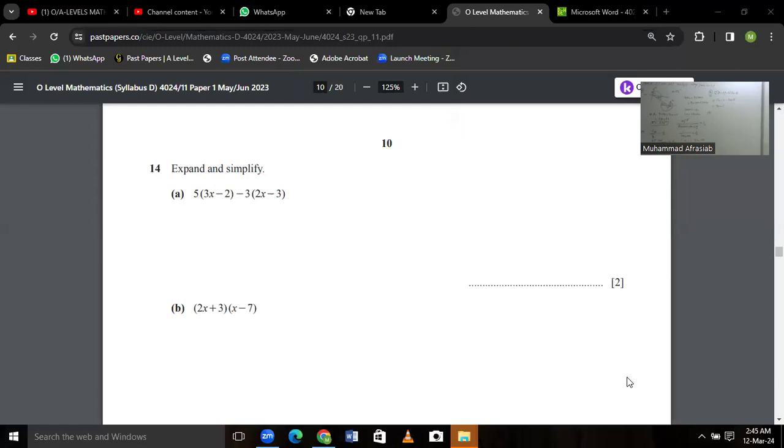2x plus 3 into x minus 7. You are going to simplify this expression there.